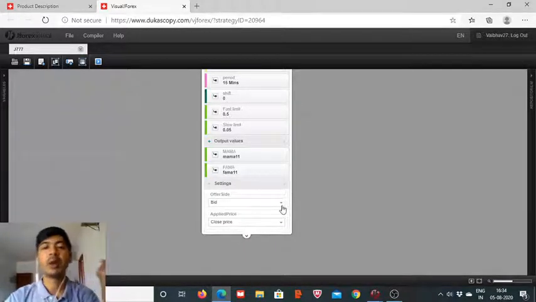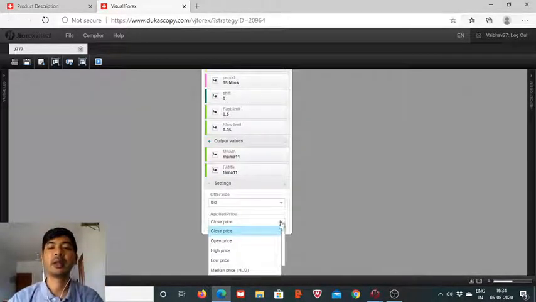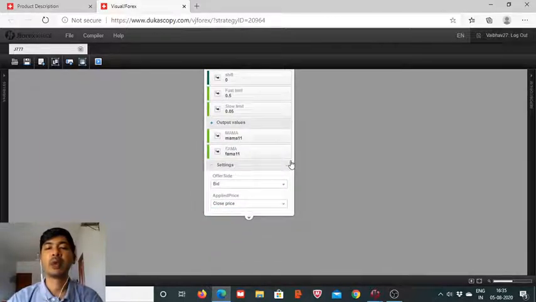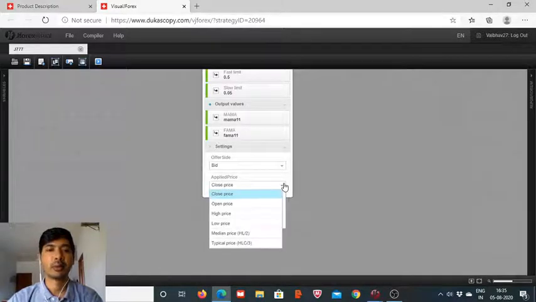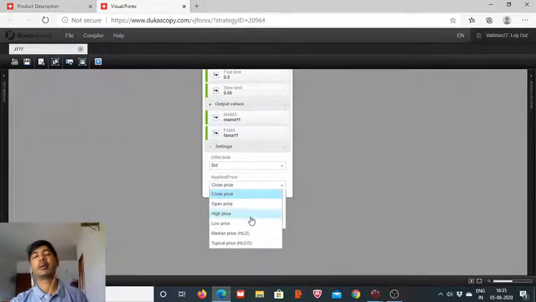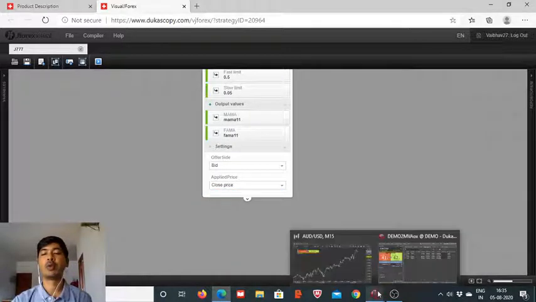Now applied price, as I said, can be anything from the close to the high price, and it makes a significant difference to how the output value will look.